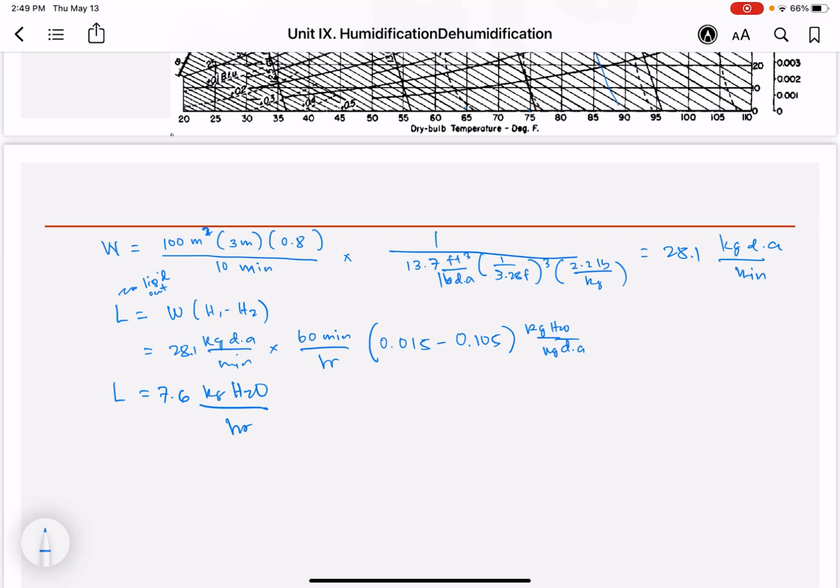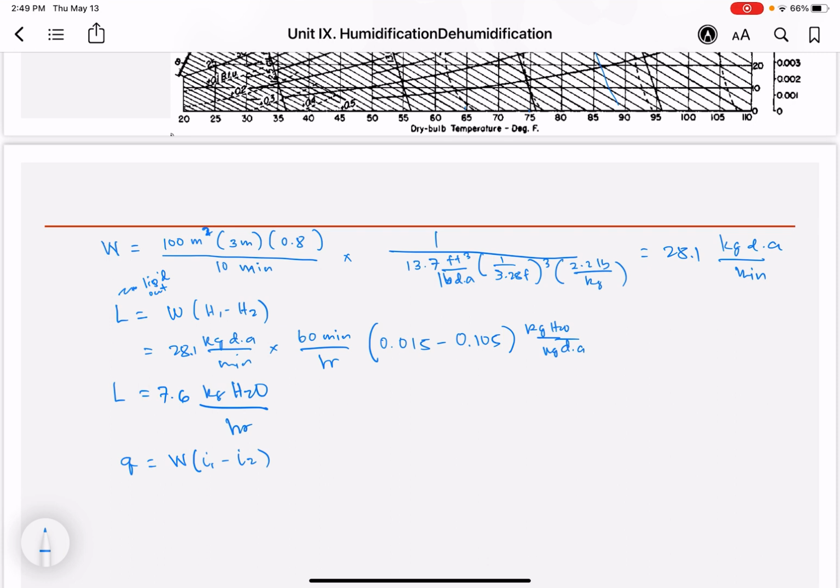To find your Q, we first need to get your enthalpy. Note that our formula is I1 minus I sub 2. So we need to get the enthalpy at point 1 and enthalpy at point 2.